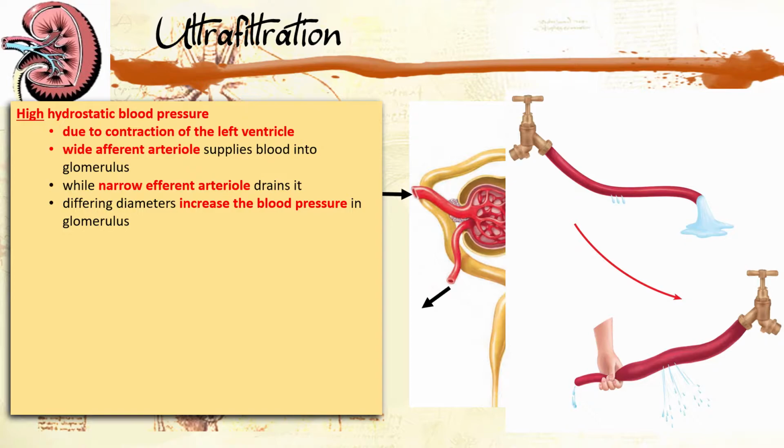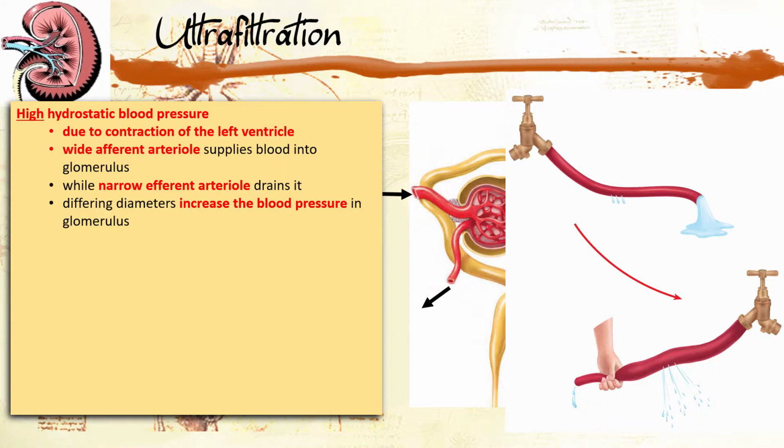Why is this the case? Imagine we have a hose. If we squeeze the end of the hose, the pressure will build up and water will squirt out instead of just leaking out from a leaky hose. So the difference in diameter will help to increase the blood pressure.